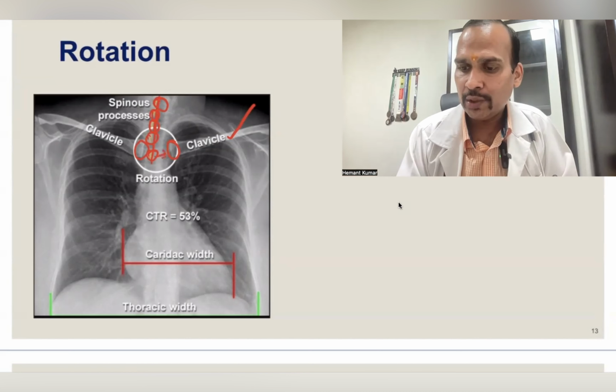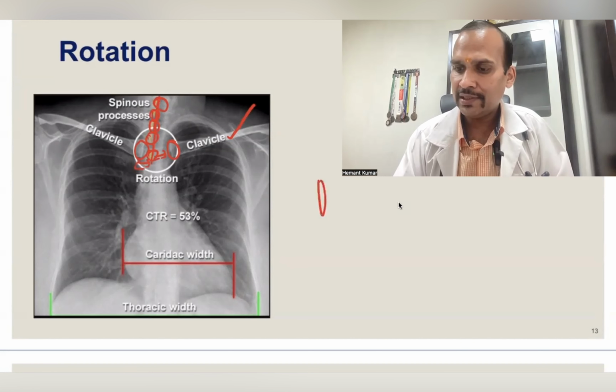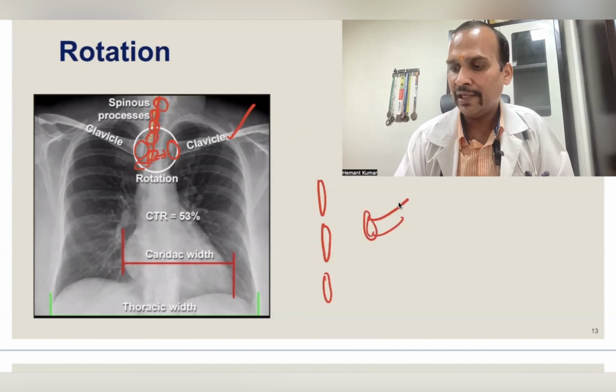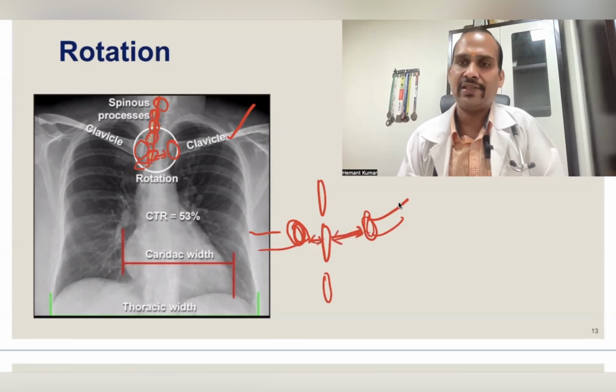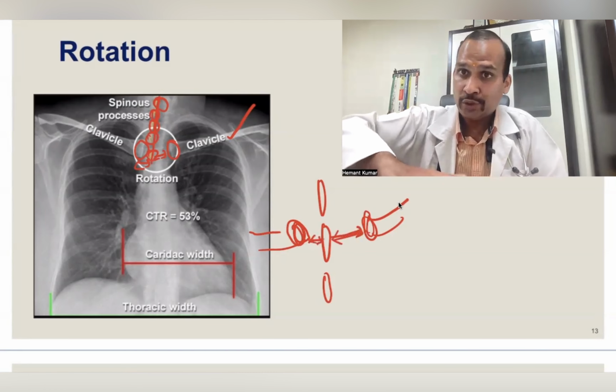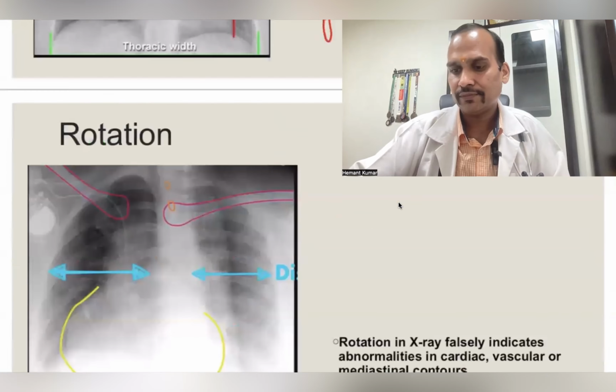It should be equal on both sides. See, for example, this is the spinous process, and this is the medial end of the clavicle. So we have to see the spinoclavicular distance. This is more on the left side and less on the right side. So this is a rotated film. Like that, we have to check rotation.